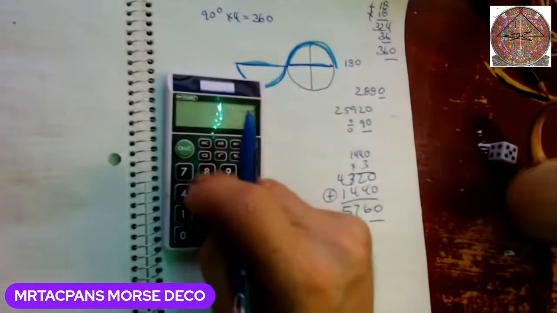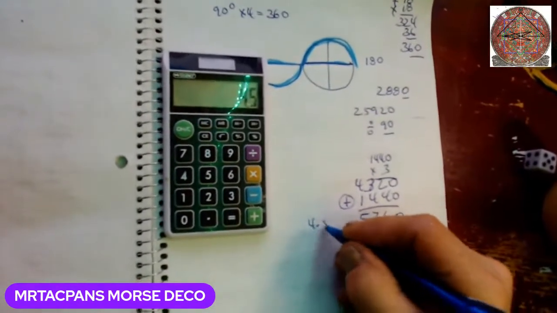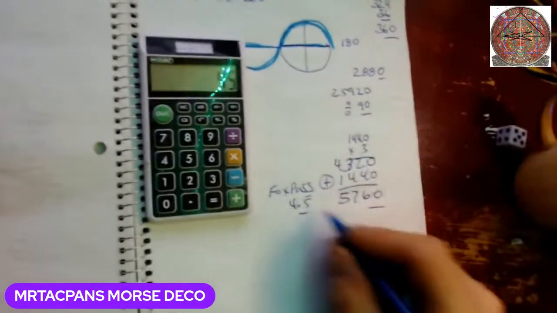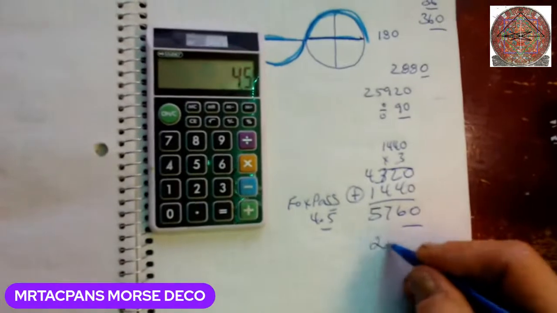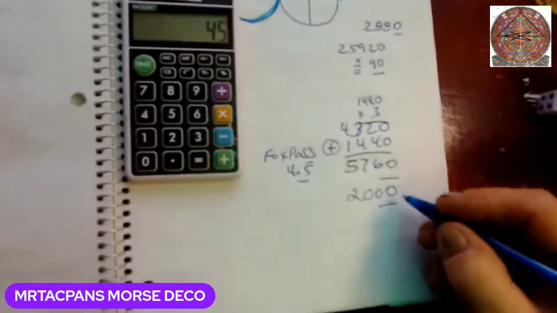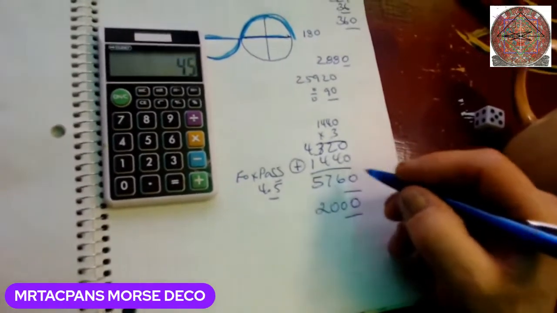25,920 divided by 5760 equals 4.5. That is the Fox pass in the sun to the E world. 0.5. This is also noted as the year 2000. Hebrew time to Gregorian time, this is equal to the year 2000, 5760.